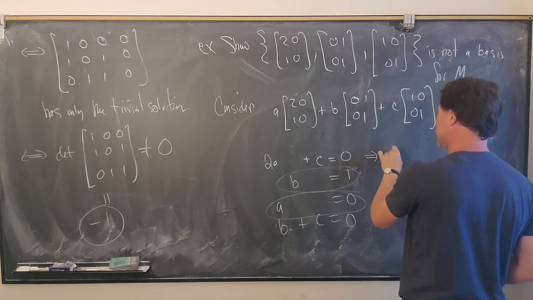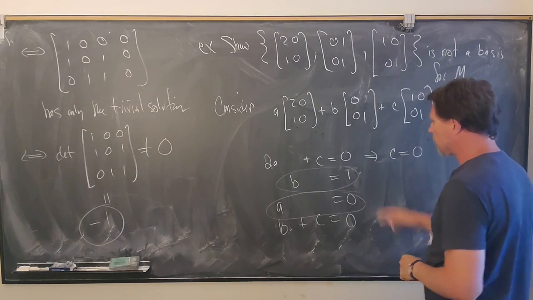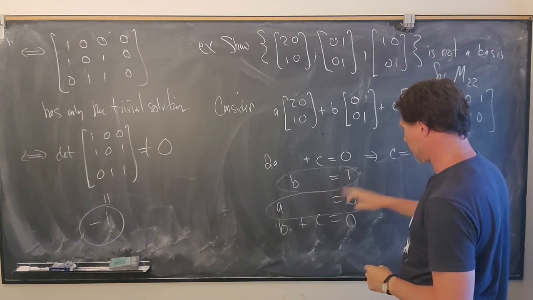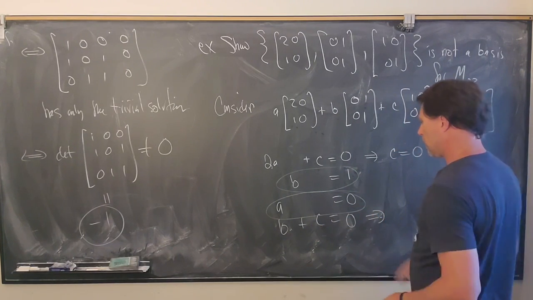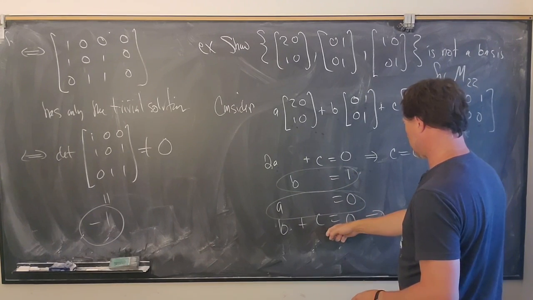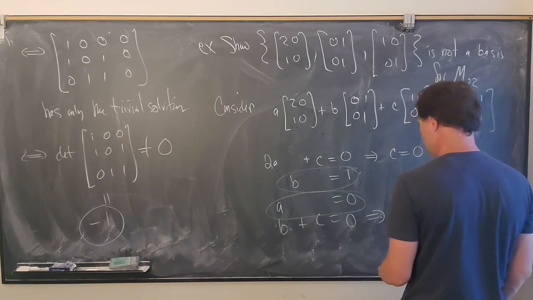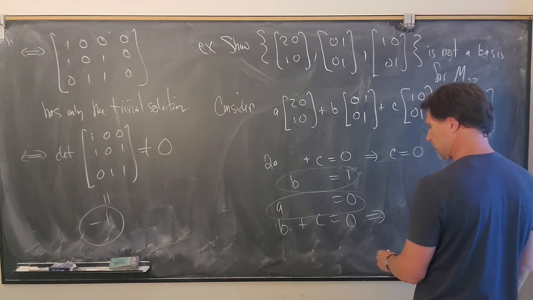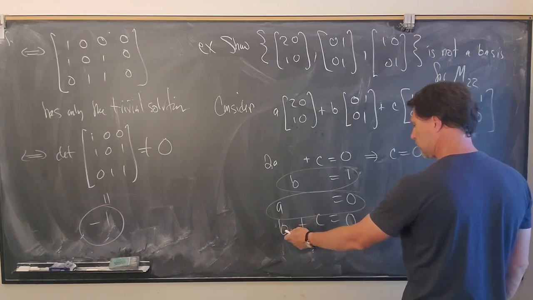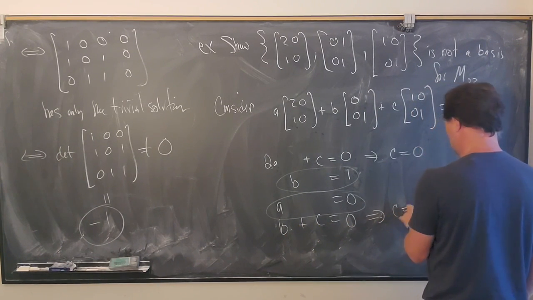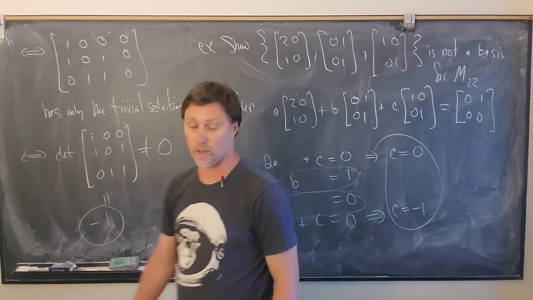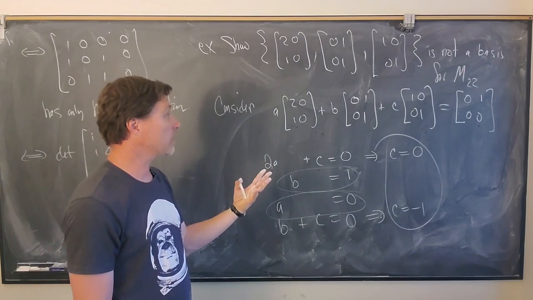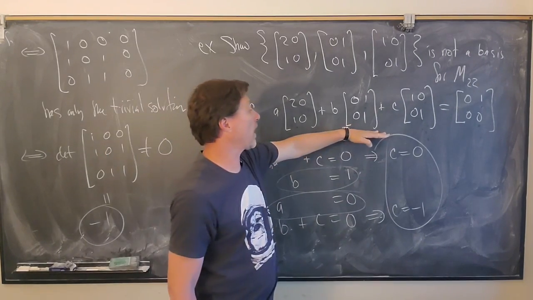If C equals 0 and B equals 1, well, we get a contradiction here, because if B equals 1, then C equals -1 from this equation right here. So there's no solution to that equation, and so that tells us that the system is inconsistent, which means that we do not have a spanning set.